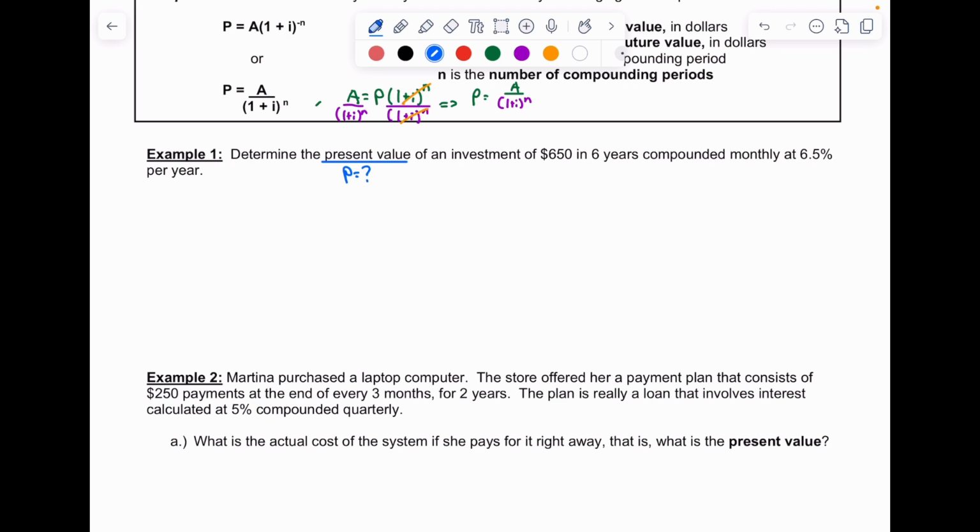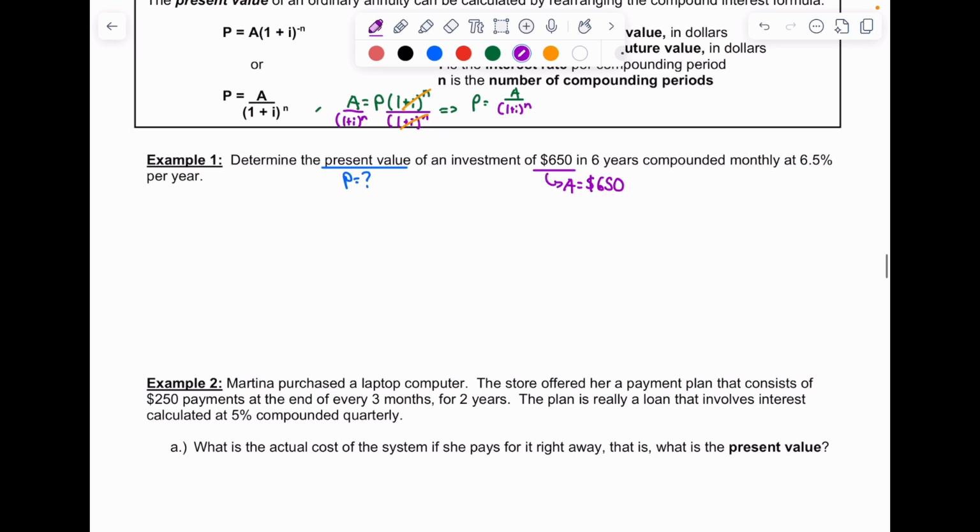So this is like what you would see: after 6 years, 650 is your A, or your future value. Your A is 650. In 6 years, okay, so 6 years, that's your t. Compounded monthly at 6.5% per year.